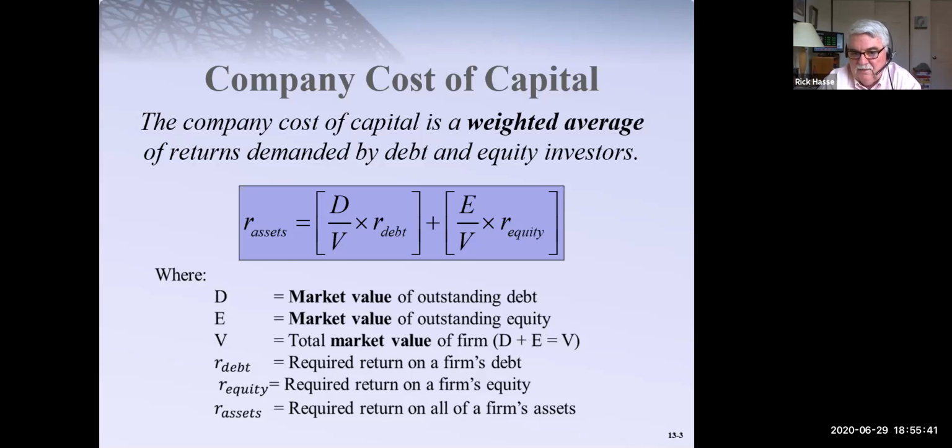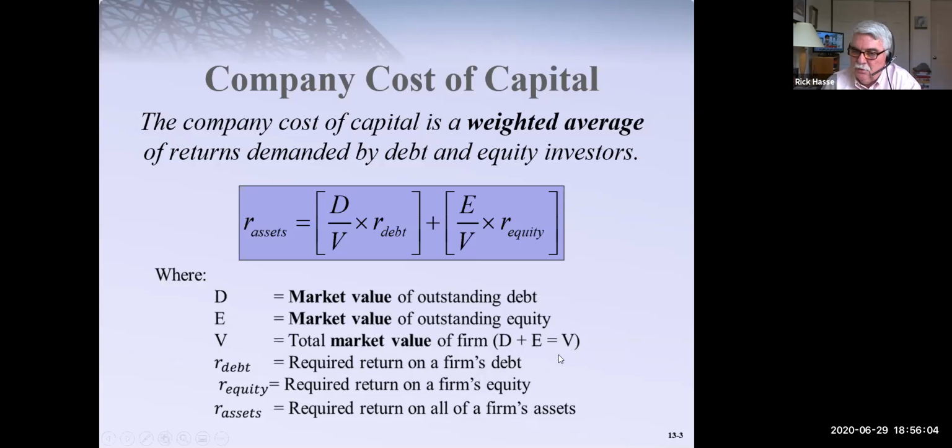Now, a point of contention. The total market value of the firm, V, is debt plus equity. We can also use the book value, depending on the situation, but whatever it is, it's got to be debt plus equity equals the total. That total could be total assets or the total market value of the company.